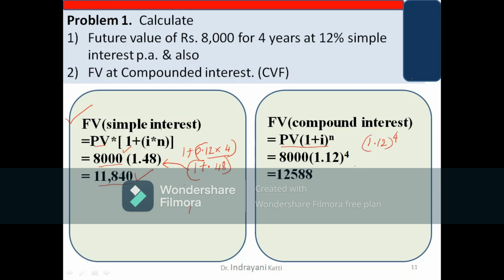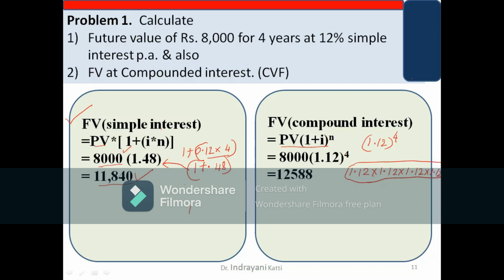It means 4 times we are multiplying this: 1.12 into 1.12 into 1.12 into 1.12. If you multiply it 4 times, then we derive one factor called the compound value factor. That compound value factor is multiplied by 8,000. Then we derive 12,588.